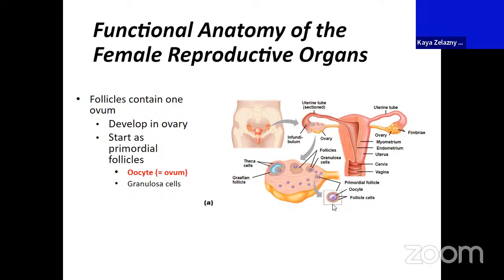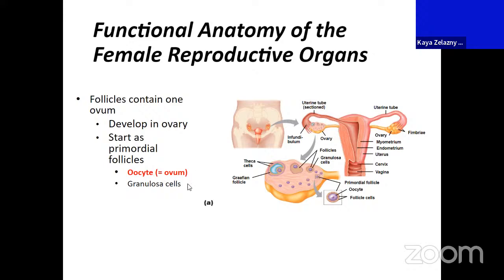As we trace this primordial follicle forward through time over the course of a 28-day cycle, we are going to see new cell types developing and new regions and areas developing. In this follicle, we're going to start out with an oocyte, the egg cell or the ovum.